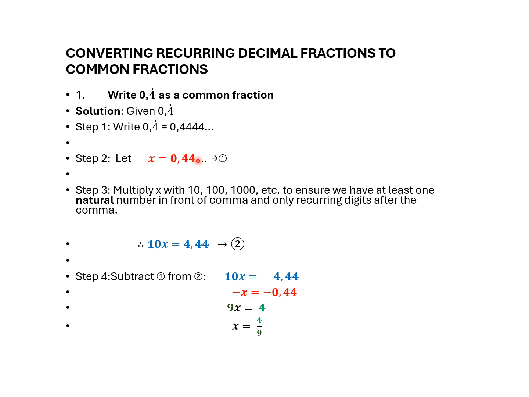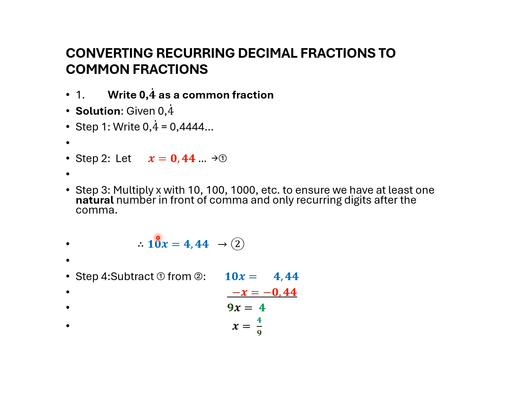Now we need to know whether we're going to multiply by 10, 100, or 1000 to ensure that we move one natural number in front of the comma, right? If we look at where the comma is, I need to shift one space to have a 4 in front and not the value 0. Because I have one digit after the comma, I multiply by 10.